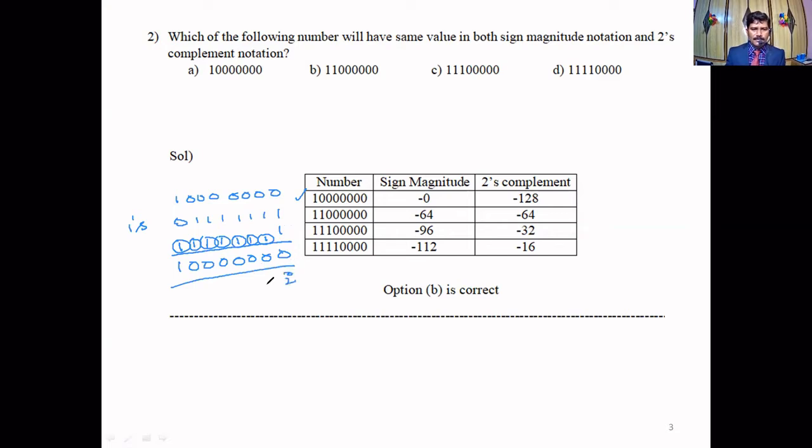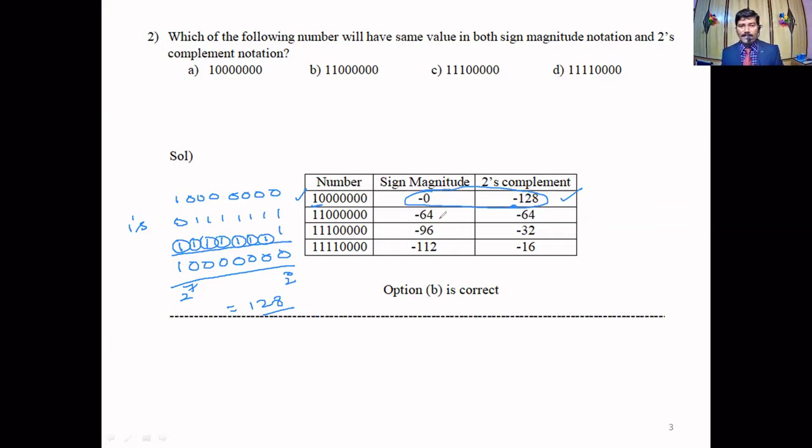This is 2 power 0, 2 power 1, 2 power 2, like that. This is 2 power 7, so 2 power 7 into 1 equals 128. This 1 indicates minus, and the 2's complement magnitude is 128. So these two numbers are different, so option A is not correct.